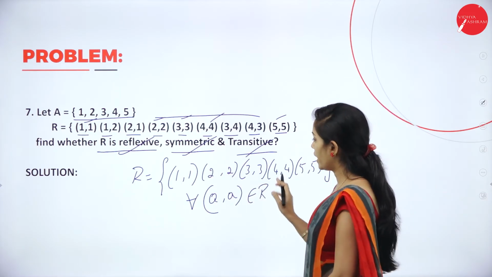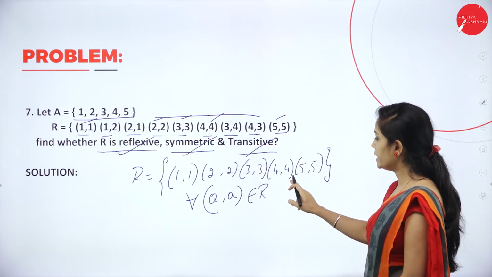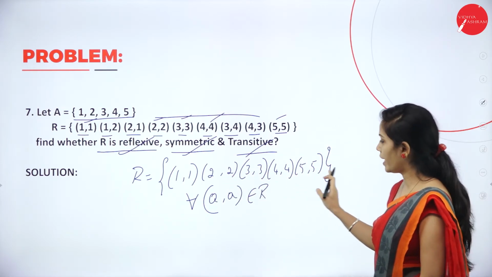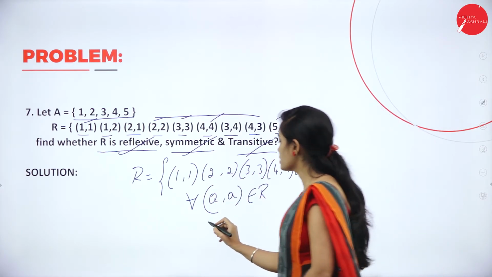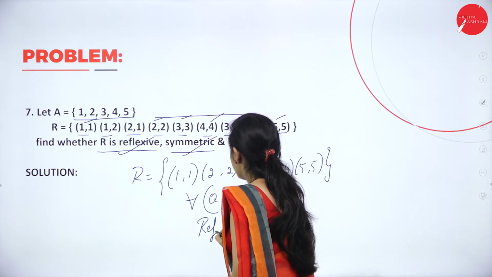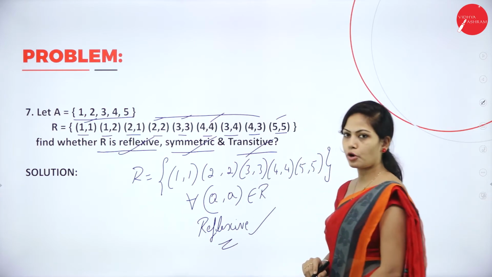Here we have all (a,a), (b,b), (c,c), (d,d), (e,e). We have all the pairs (a,a) belonging to R. So it is reflexive.